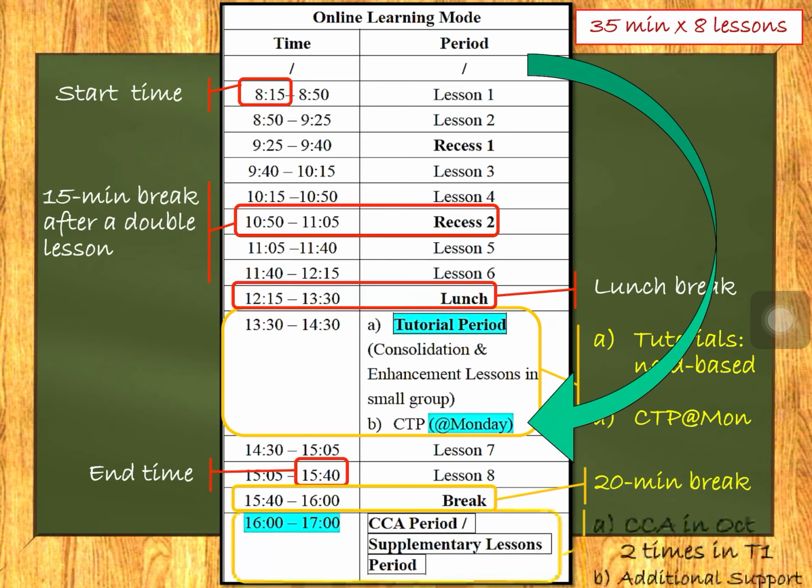One thing to note about this learning schedule is that after school, between 4 to 5 p.m., a CCA activity may be arranged, and you will be informed of the time in due course. As a general rule, there will be 2 times of CCA activities in Term 1, and it will start in October.